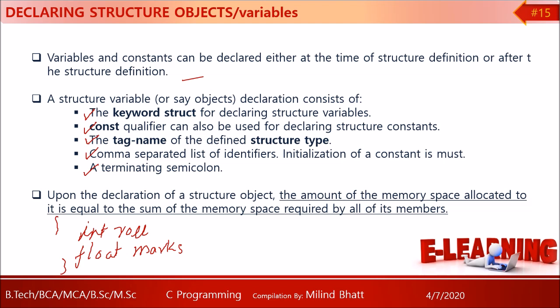If it is 4 bytes and it is again 4 bytes, then the overall size of my structure will be 8 bytes. I am repeating it again. Upon declaration of a structure object, the amount of memory space allocated to it is equal to the sum of memory space required by all its members.